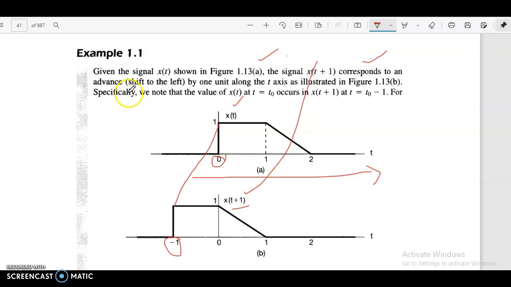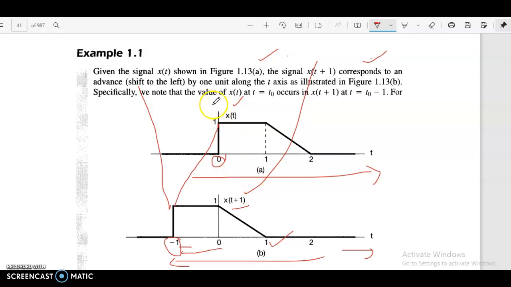corresponds to an advanced shift to the left by 1 unit along the t-axis, as illustrated in figure 1.13b.